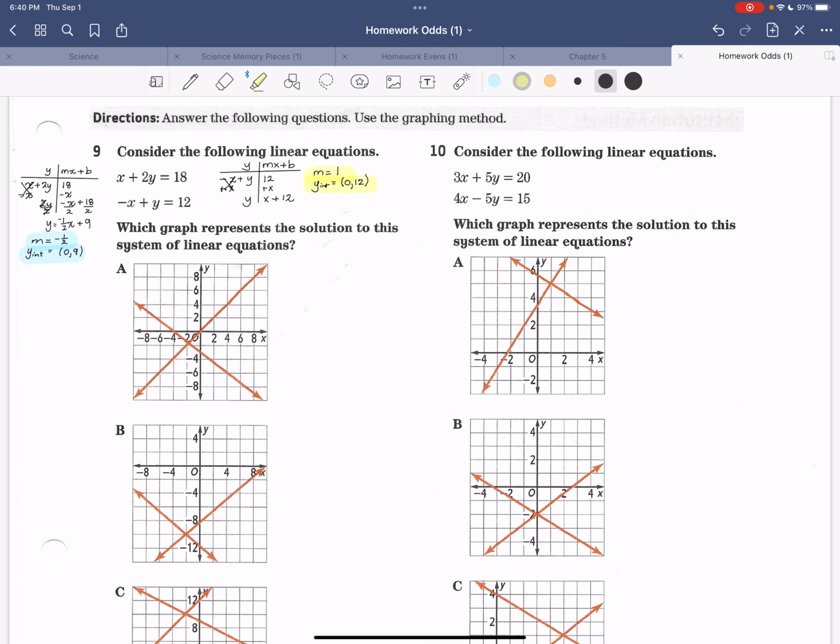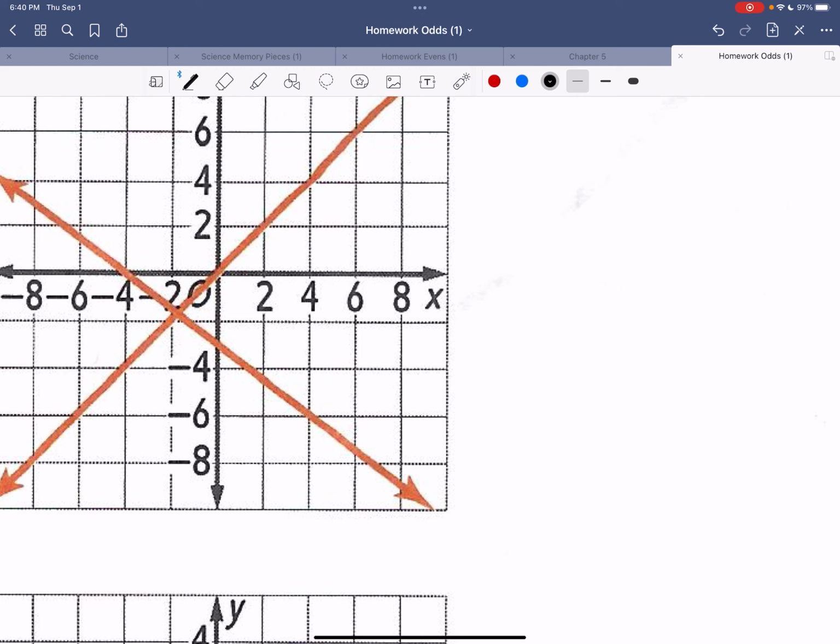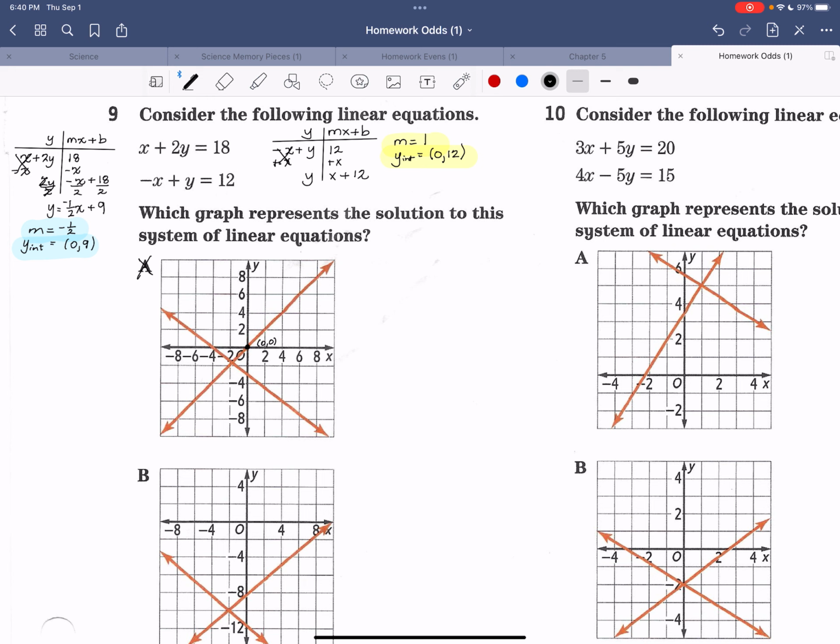Okay, let's take a look at y-intercepts. Let's approach it that way. So at this one, here's the y-intercept for this line, (0, 0). Now, neither of my points have that as the y-intercept, so this is not the answer I'm looking for. Okay.